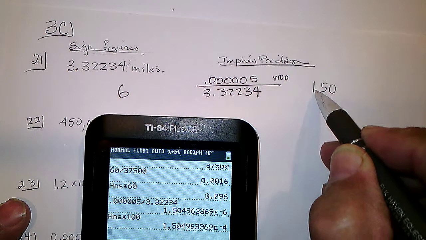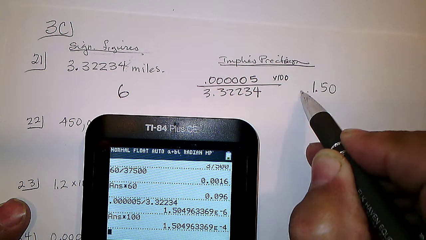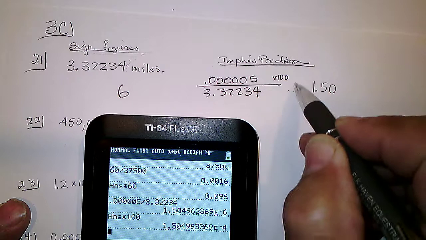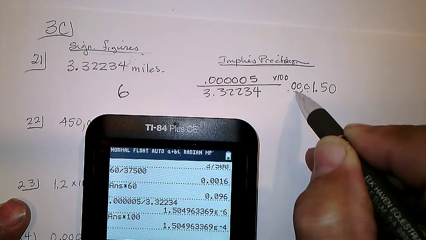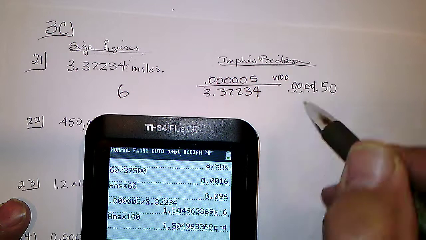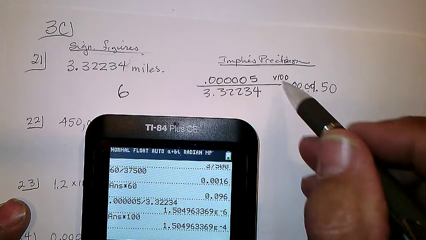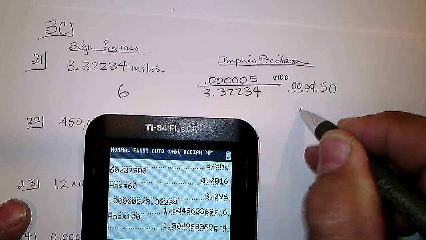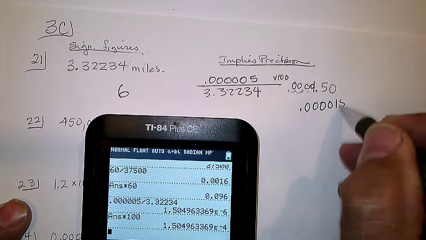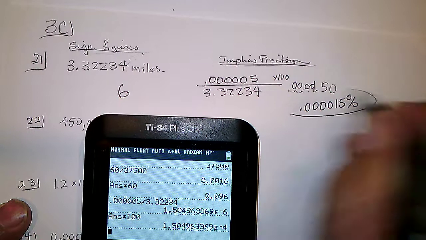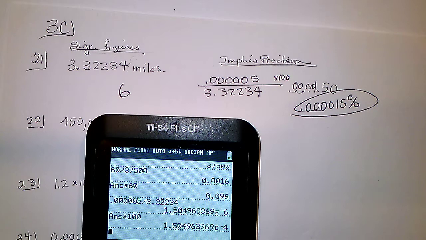So divided by 10 once, 2, 3, 4. And I've already multiplied by 100, so it's 0.000015% error. Very, very tiny precision error.